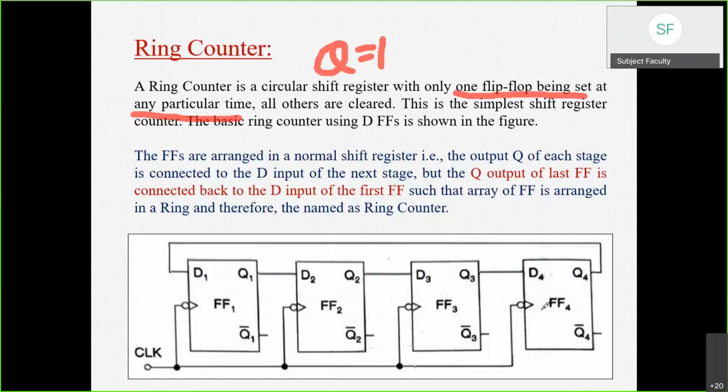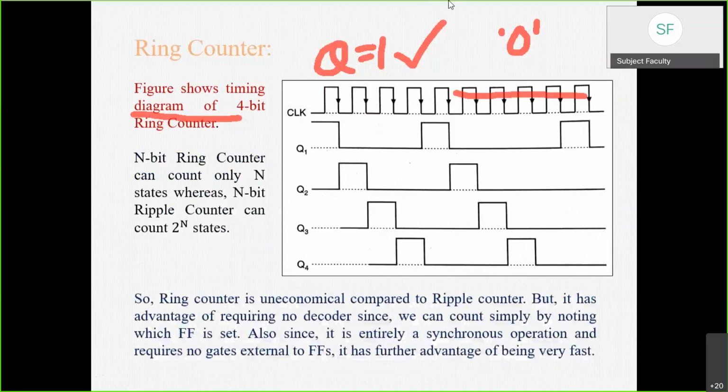Out of these four, only one flip-flop will have Q equals 1. The other three will have Q equals 0. So at one time, or after the application of one clock signal, out of these four, only one flip-flop will have Q equals 1, and all the other three flip-flops will have 0 values.